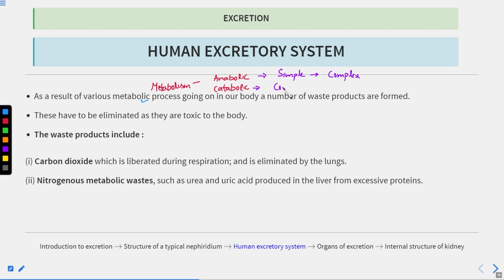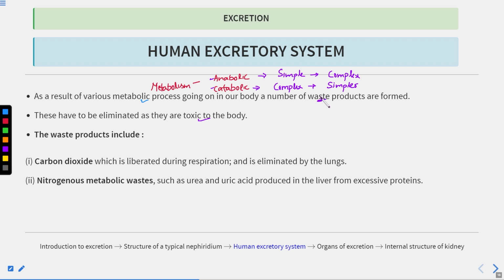There is a breakdown of the complex compounds into simpler compounds. So both anabolism and catabolism combine to form metabolism. Now, the wastes have to be eliminated as they are toxic to the body, meaning the nitrogenous waste or the waste materials.